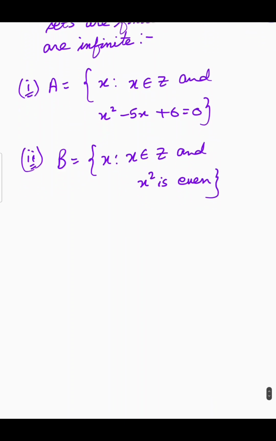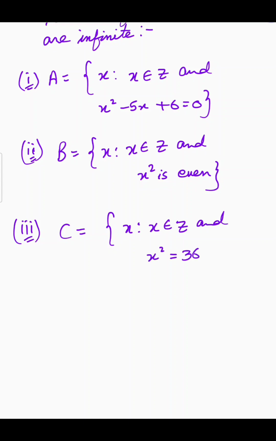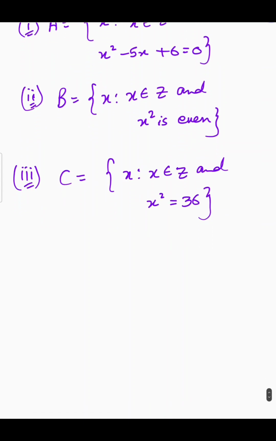Third, C is equal to the set of all x such that x belongs to Z and x squared is equal to 36.